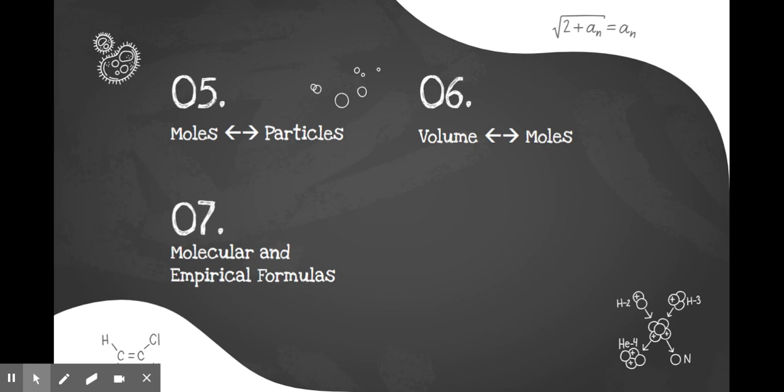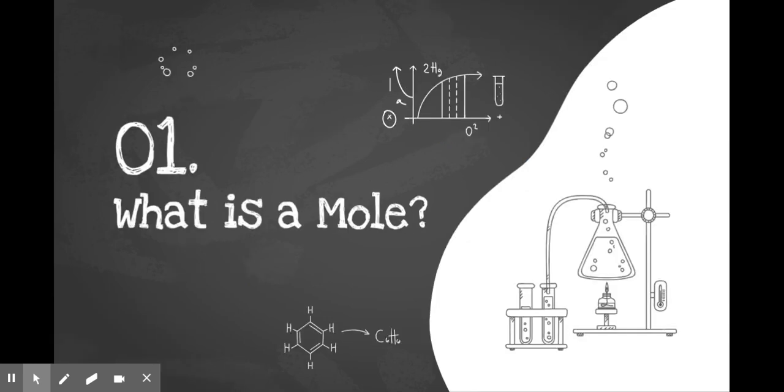So a lot of math going on in this chapter. Please make sure you have your calculator with you at all times because it will be definitely needed as we go through this chapter. So today we are going to talk about what is a mole.